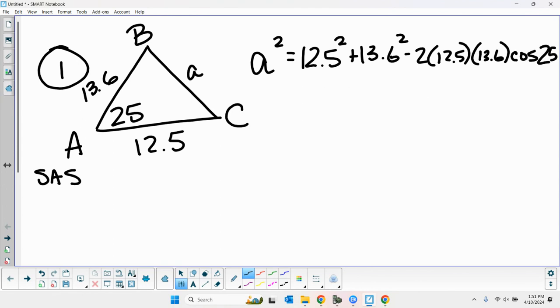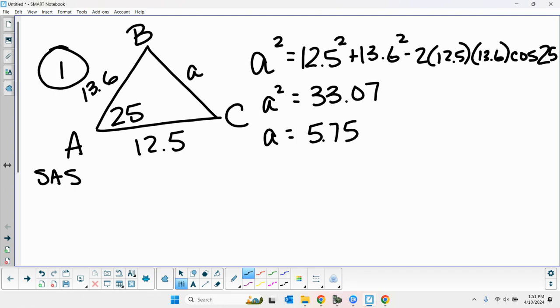So this is the one you can put in your calculator, and that gives you 33.07. Put it all in. What do you got to remember at this step, though? Square root it. So when you take the square root of 33.07, you get 5.75.